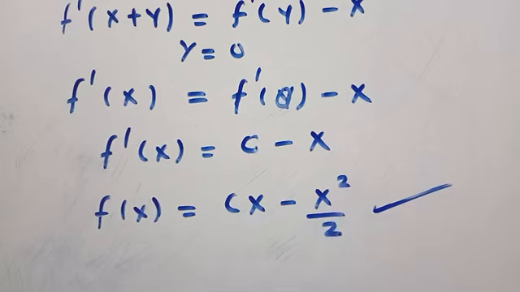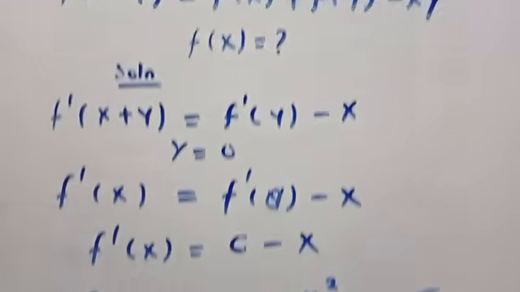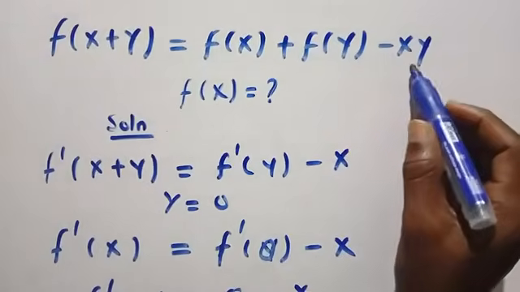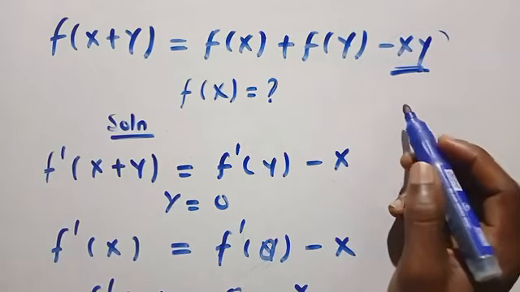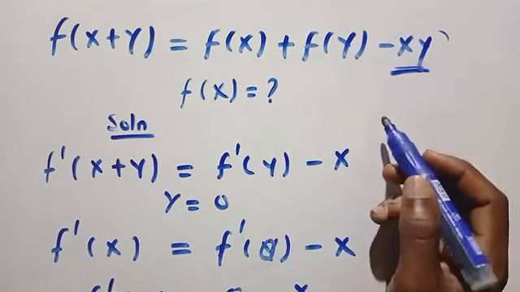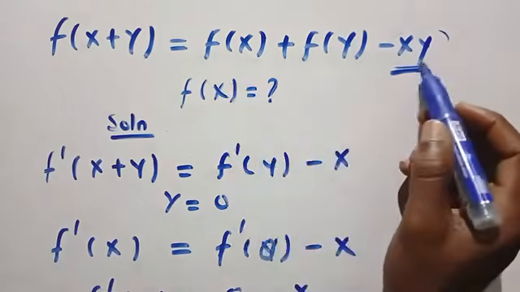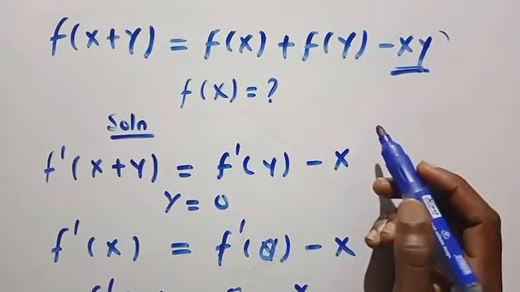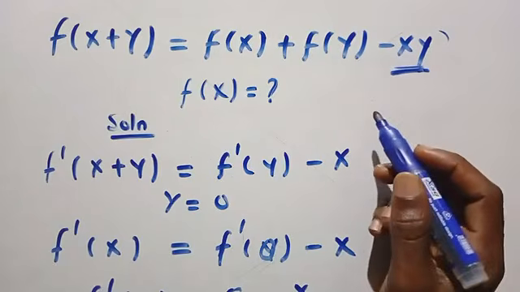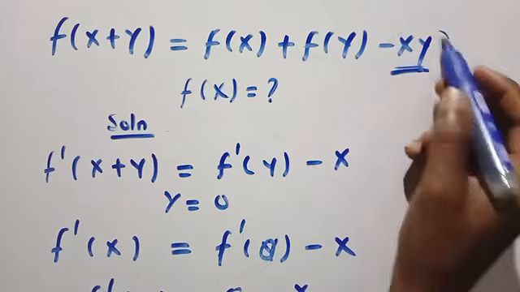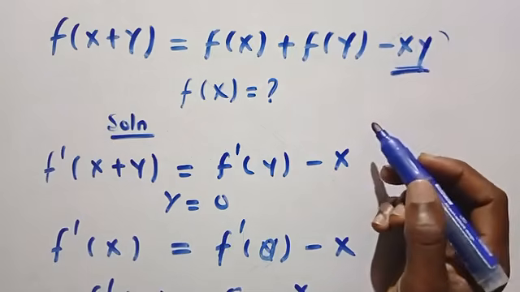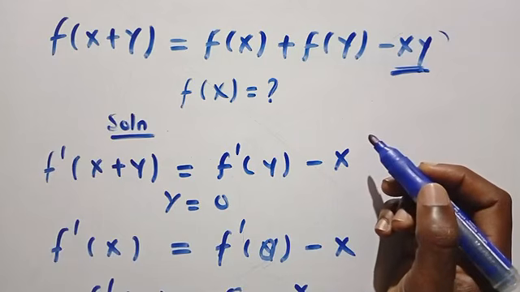From the nature of the given question, we have minus xy, which shows the product. So we can solve this in another general way by assuming that the function is a quadratic, but not always. There are various ways of solving this as well, so you can try and share it in the comment box. But let's look at this in a general format.